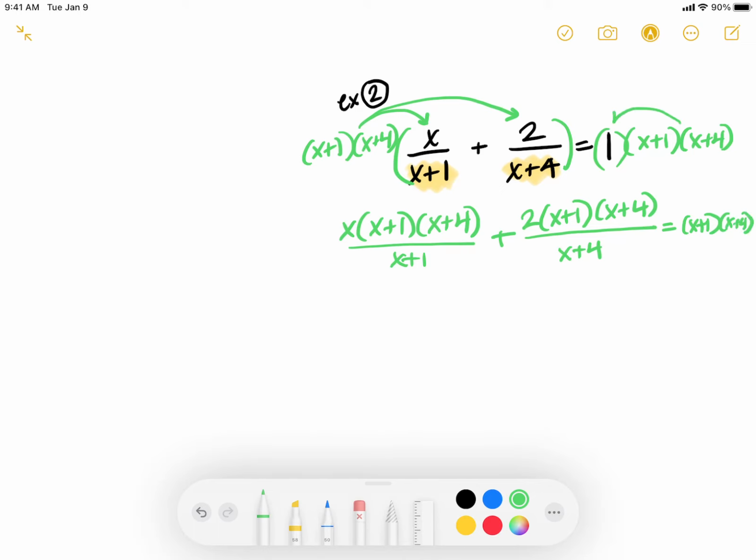So I'm just multiplying that to 1. Okay, well, I see x plus 1 over x plus 1. That becomes just 1, or they kind of cancel each other out. They divide out to equal 1.